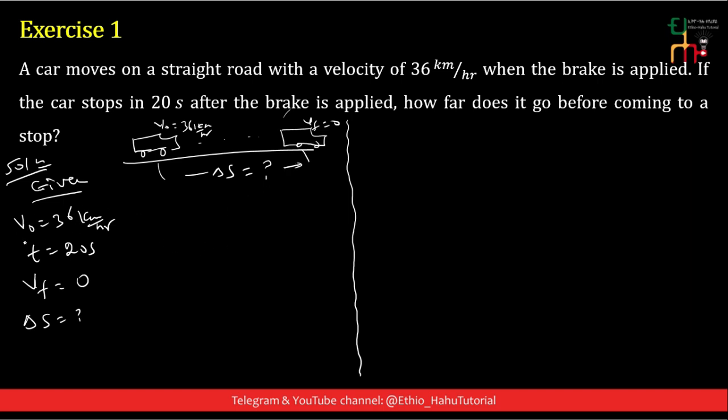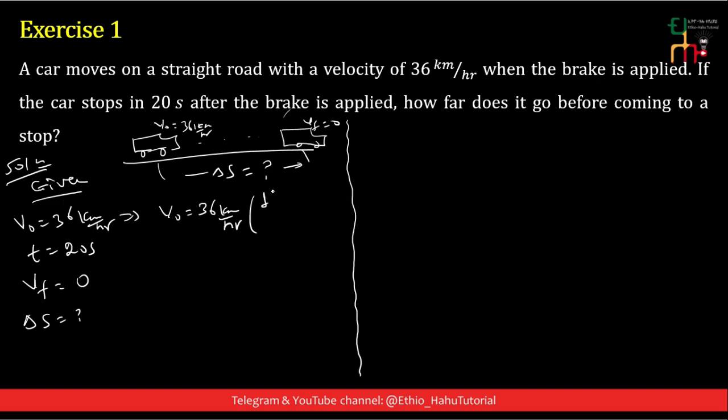First, we need to convert this kilometer per hour into meter per second. One is multiplicative identity, therefore v0 is equal to 36 km per hour. If we multiply this by 1, does not change the value.